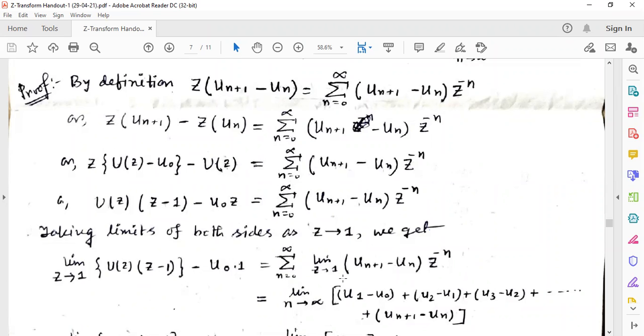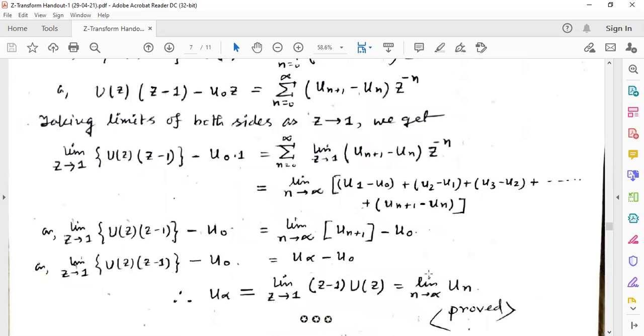It is this. And here it will be given that summation n equal to 0 to infinity limit z tends to 1 un plus 1 minus un whole to the z to the power minus n. Now un plus 1 minus un. If we put n equal to 0, then it will be coming u1 minus u0, z to the power 0 means 1.